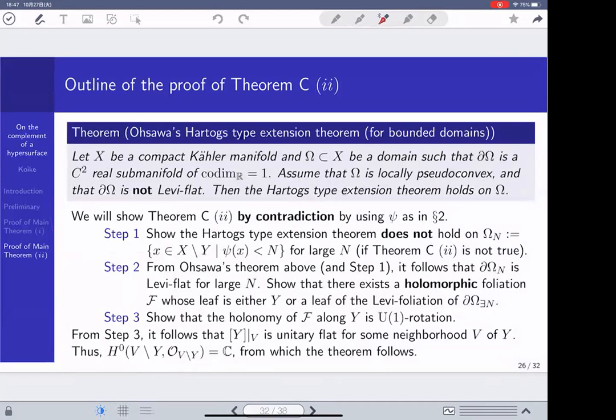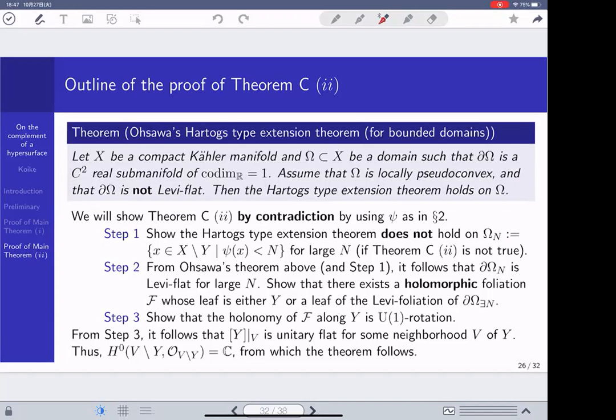Let X be a compact Kähler manifold and Omega be a domain, so that the boundary is a C2 real submanifold of real codimension 1. Assume that Omega is locally pseudoconvex and the boundary is not Levi flat. Then the Hartogs type extension holds on Omega. So it is very similar to the divisor complement version.